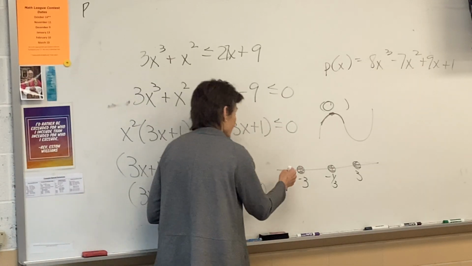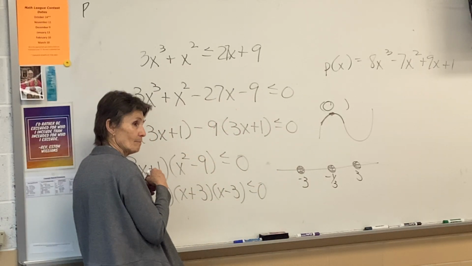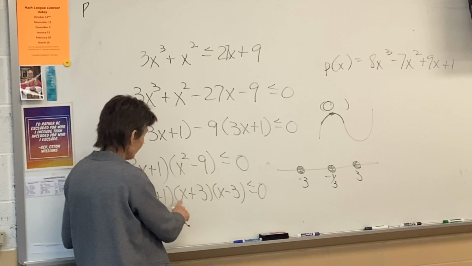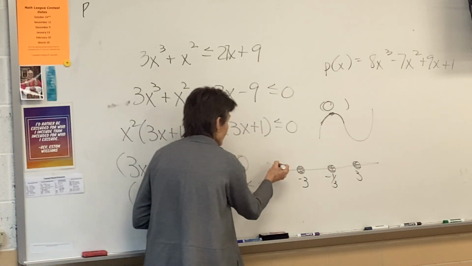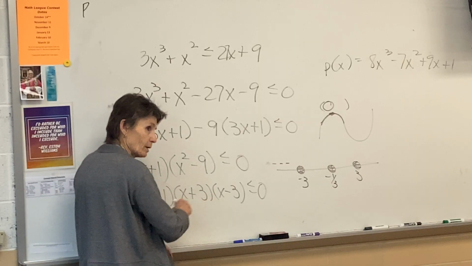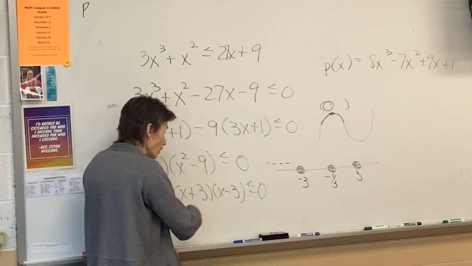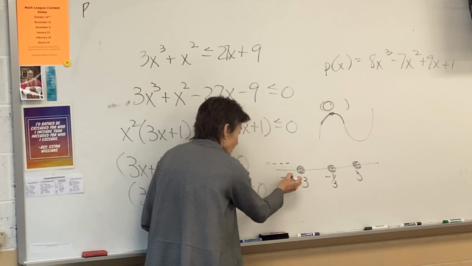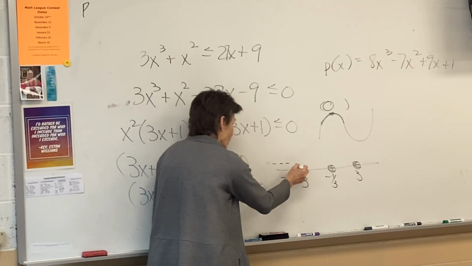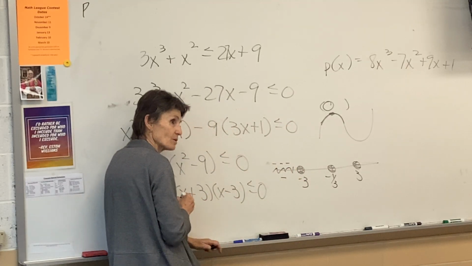So pick a number less than -3, like -4. If you put -4 in, they're all going to be negative. When you multiply them together, it will be negative. And negative is exactly what you want, so we know that's part of our answer.